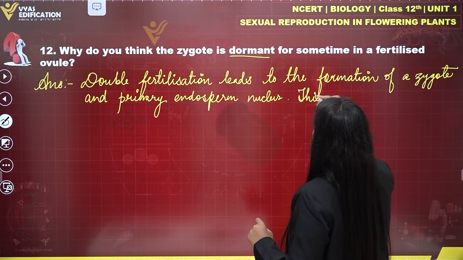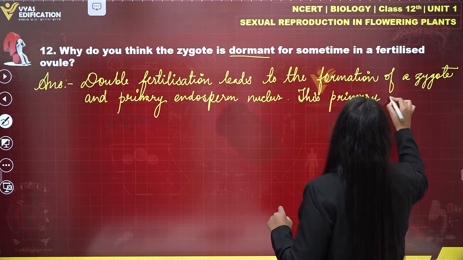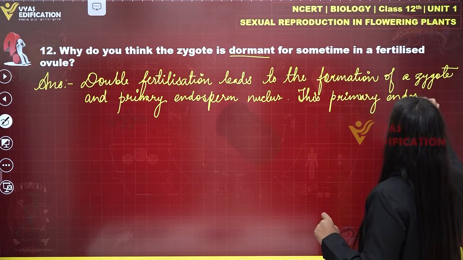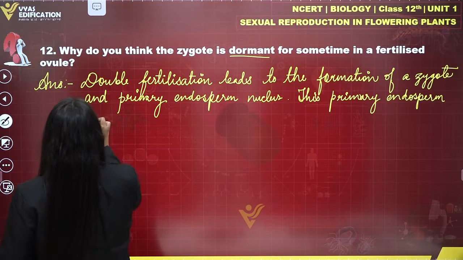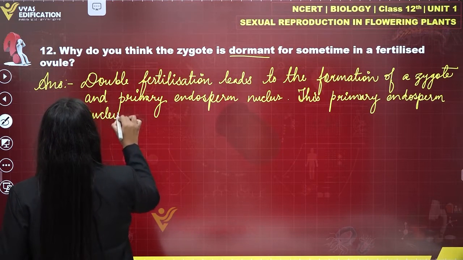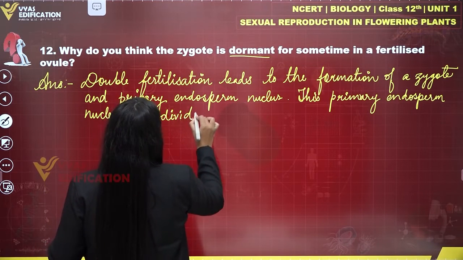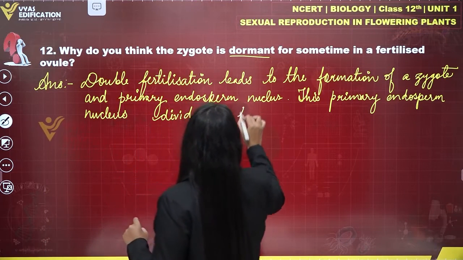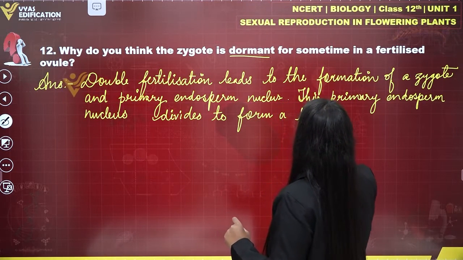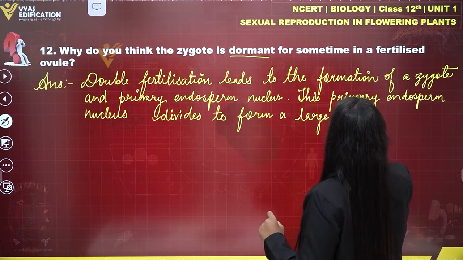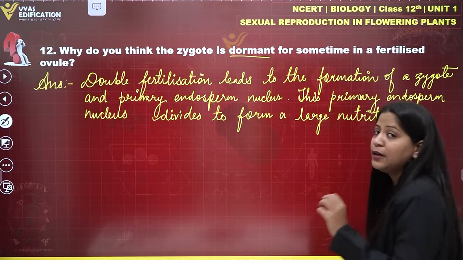This primary endosperm nucleus divides to form a large nutritive endosperm.